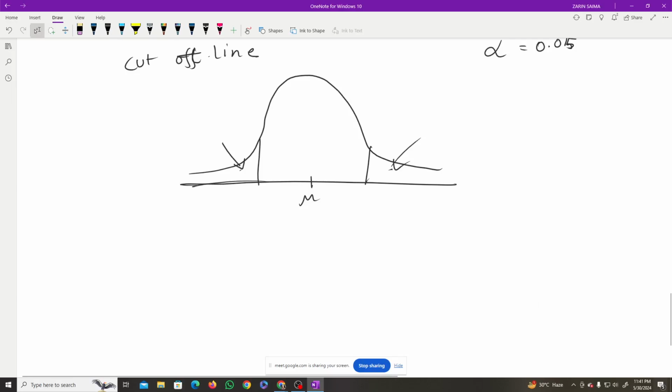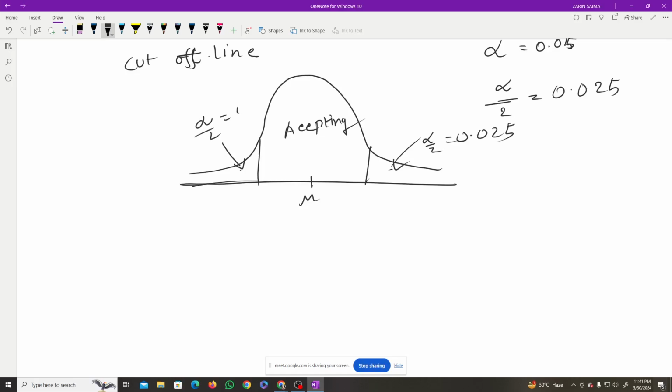So in this part we have to divide our significance value by 2, which gives 0.025, and this is your accepting area. This part together is 0.025, and this part also is 0.025. Together it will be the whole, which is 0.05.